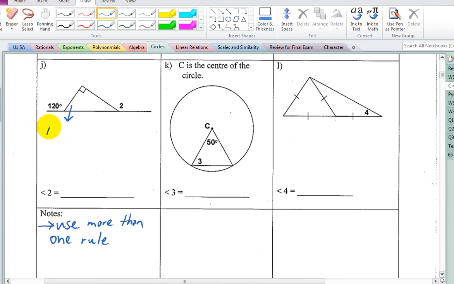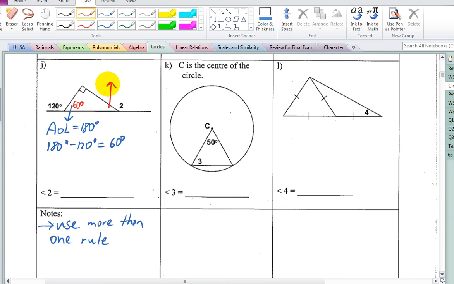Well, AOL equals 180. So 180 degrees minus 120 degrees equals 60 degrees. So this is 60 degrees. Okay. Then we have to find this angle in the triangle.